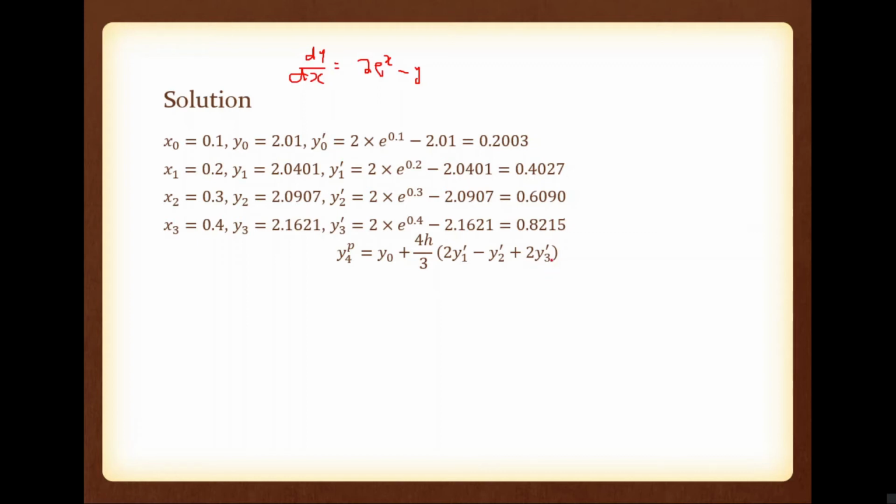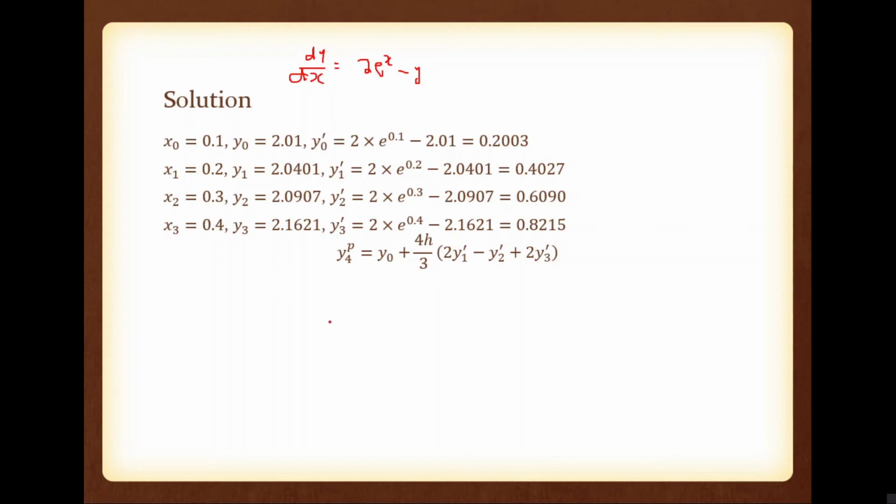It is a little bit easy to remember Milne's method: y0 plus 4h by 3 into 2, minus 1, 2, like that.